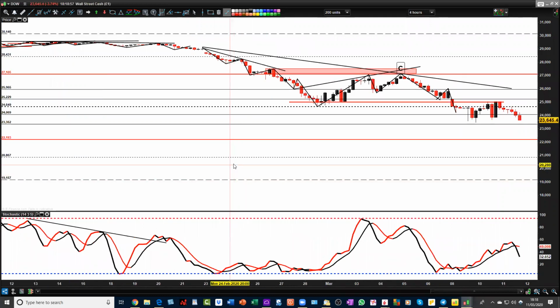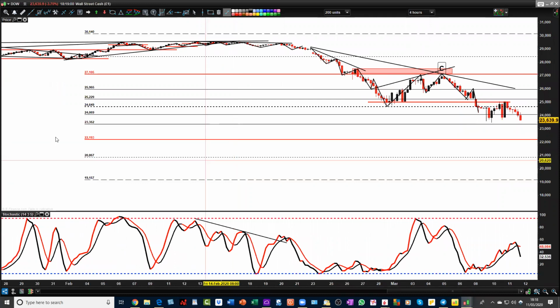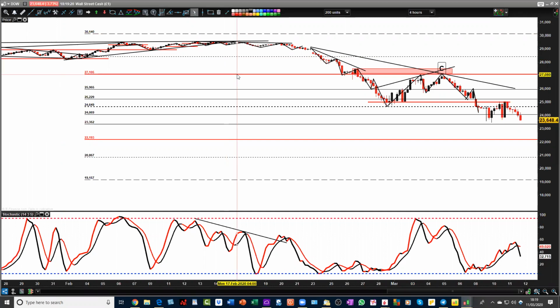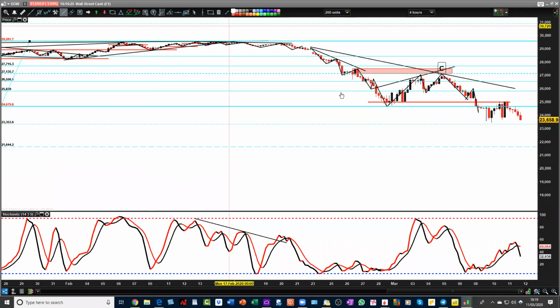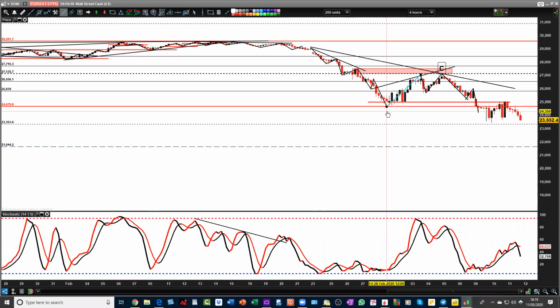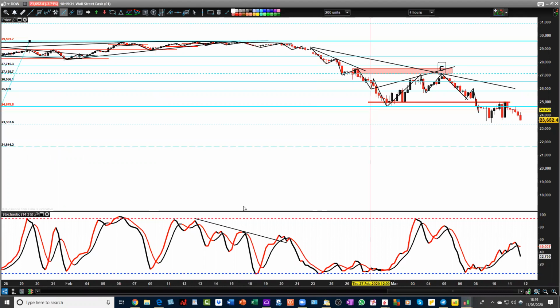This is interesting. What I've done here is, anybody heard of pinball Elliott wave? Pinball Elliott wave. What this is, once you've had a move, there's the initial move down to February 28 at 24,680.